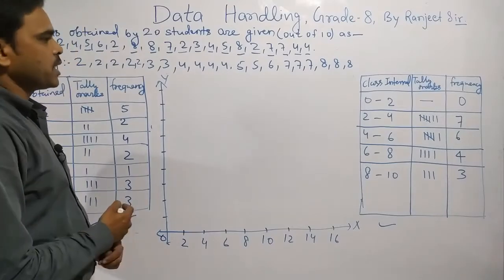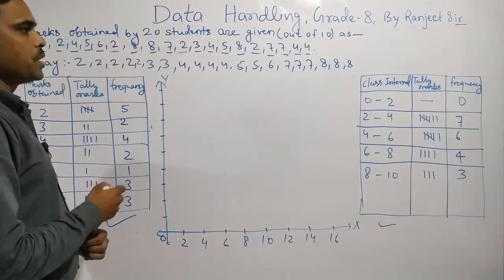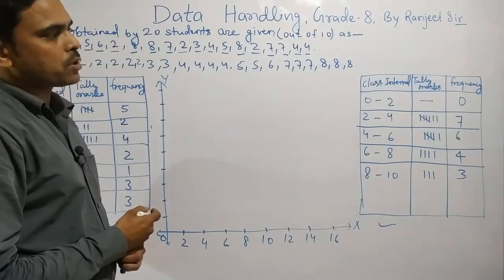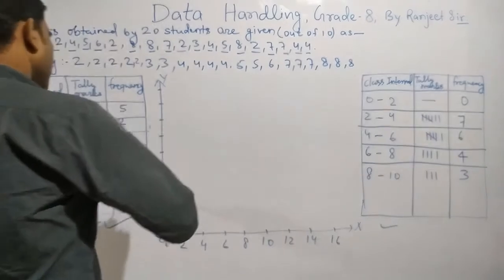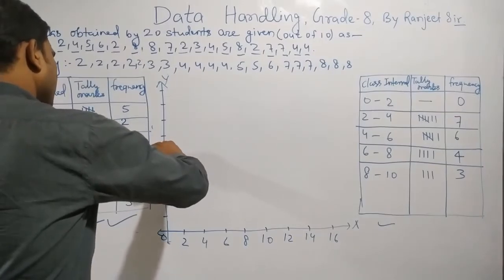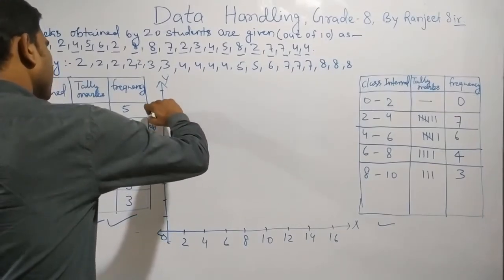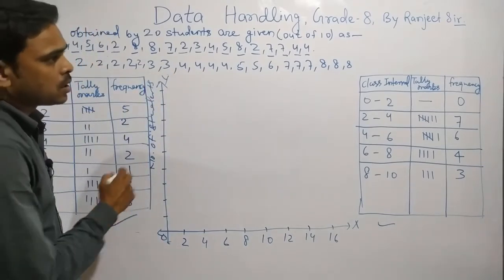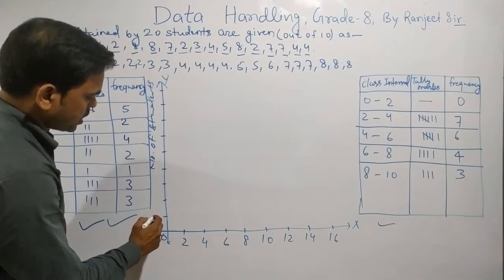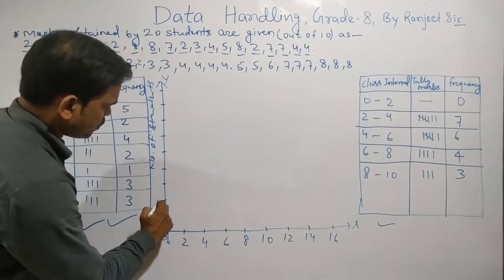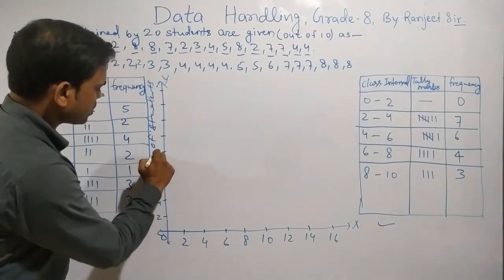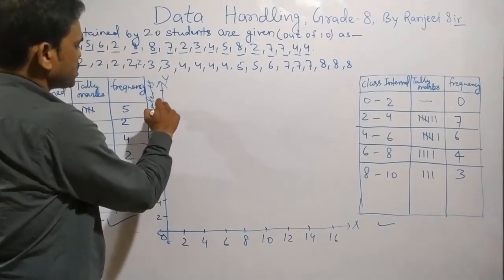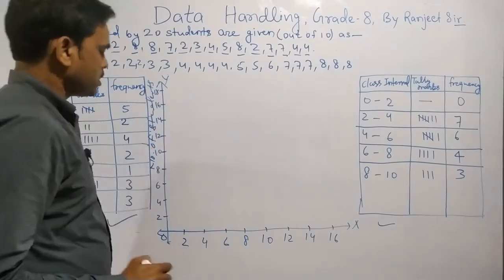Now on the y-axis, we are going to represent the frequency, and that frequency is the number of students. So here you will write number of students. Doing the same, taking the same difference like 2, 4, 6, 8, 10, then 12, 14, 16, then 18, like this.